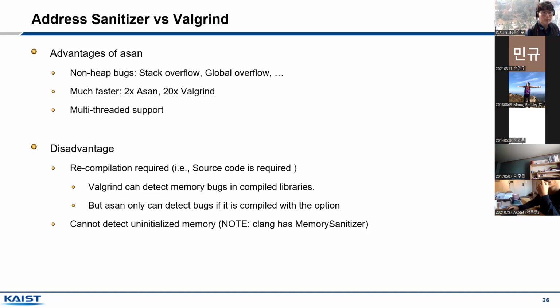For example, if you want to apply a memory error analysis tool to a program like a browser, address sanitizer is okay, but if you apply Valgrind, this is too slow. Valgrind's overhead is on average 20 times.